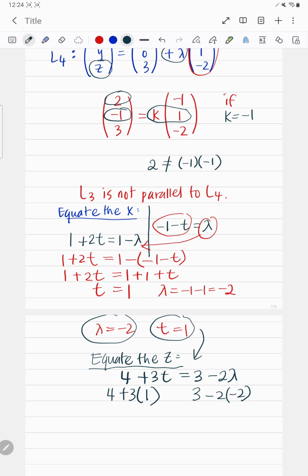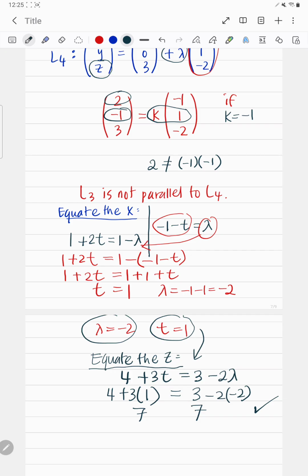Left hand side you will get 7. Right hand side is also 7. That means when we substitute t equals 1 and lambda equals minus 2 into the z equation, the equation is true. If this is the case, line 3 intersects with line 4 at a common point.